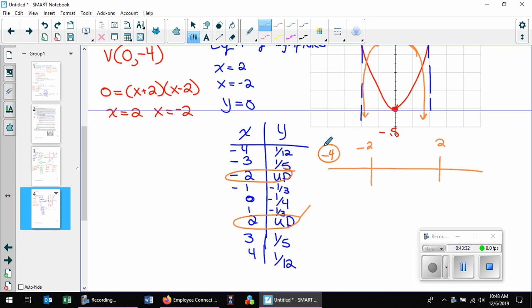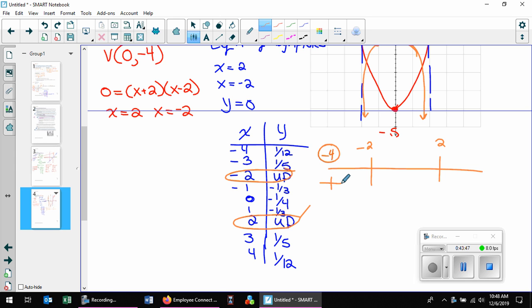So I picked -4, I substitute in. My y values are positive. I don't care what they are, I just know that they're positive. Okay, I don't care that it's a 1/12, I just care that the y values are positive.